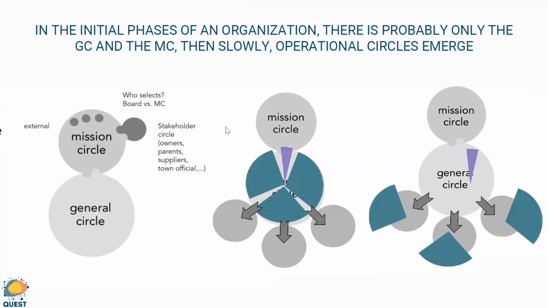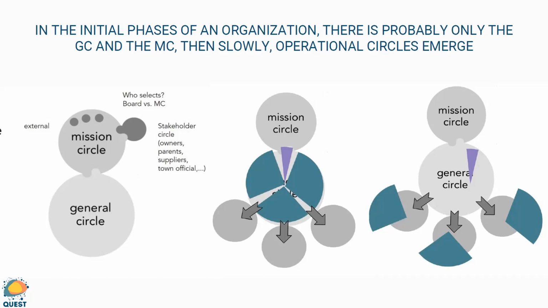This is a little bit how organizations are created, and I guess that's interesting, for instance, for Magda, who is about to create an organization. Normally, in the initial phase of a school or organization, there is probably only the mission circle. It's a group of founders who have an idea, who believe in something, and have a strong desire to do something, and they create a mission circle.